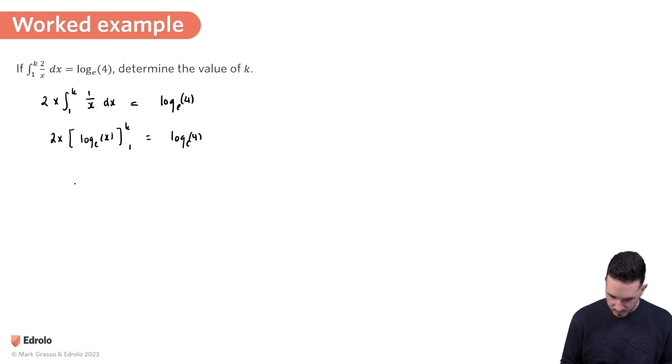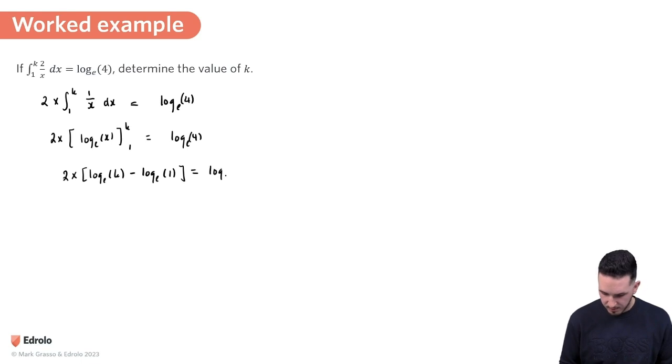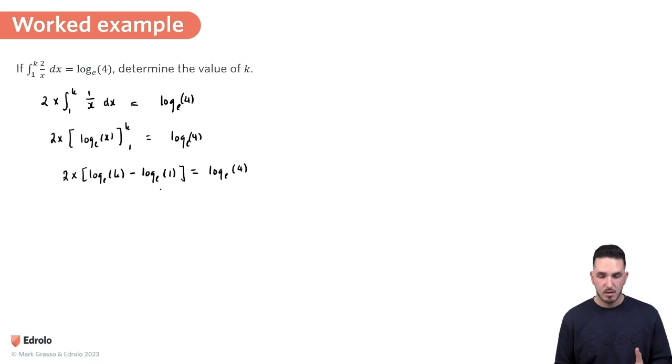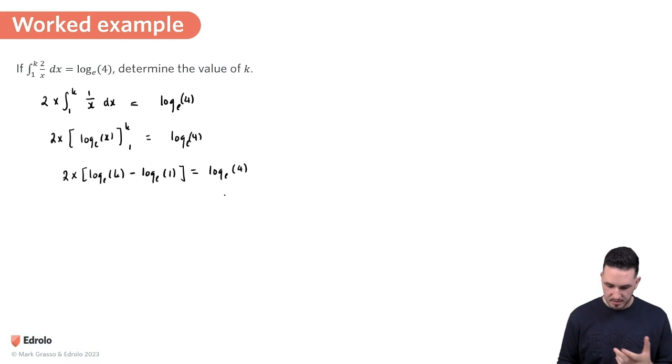So therefore 2 times log e of k minus log e of 1 equals log e of 4. You'll notice log e of 1 becomes 0, so using those log laws, log base anything of 1 will always, in this case, equal 0. So log e of 1 is 0.